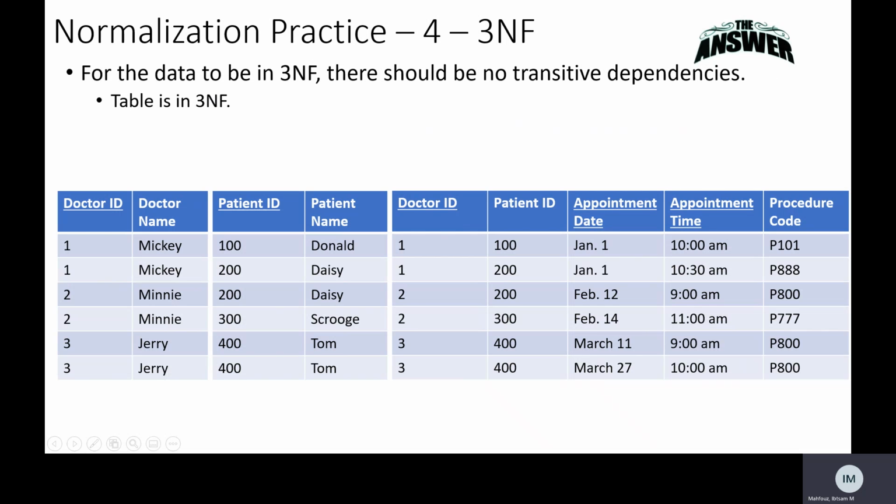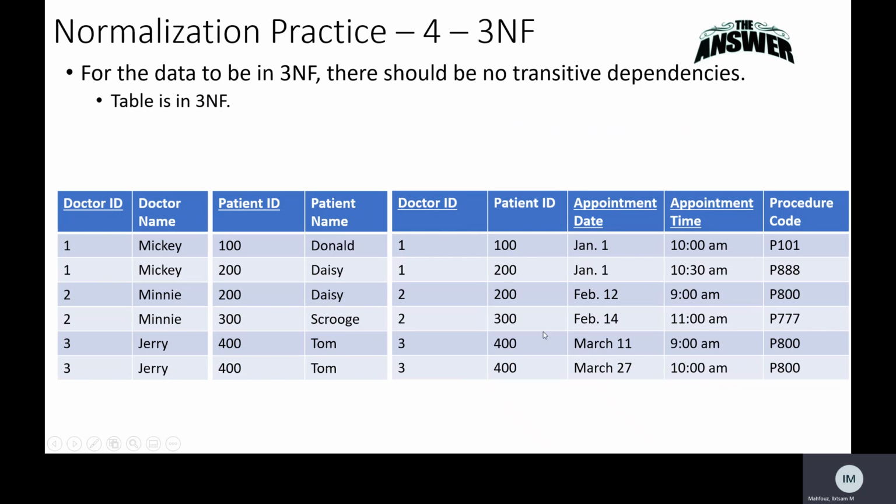But if I want to go to third normal form, I might say that the procedure code depends on the patient ID. So here I could see that there might be a transitive dependency where the procedure code determines the patient ID. But if I look closely at this table, I find that the procedure code doesn't really depend on the patient ID, because I have patient 200 who has 2 different appointments on 2 different dates for 2 different procedures.